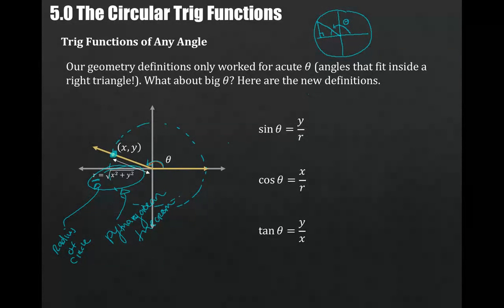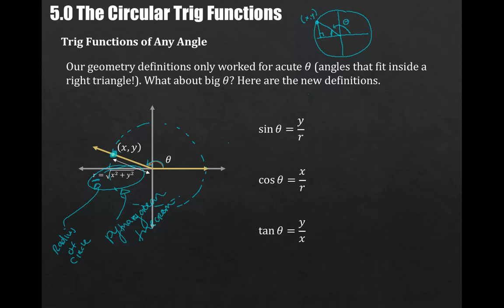I have a reference angle right here. And if I'm going to find the sine of this angle, its opposite, that's the height, that's this Y value. That's how far up I'm going. Think about it as a graph over the radius. So this is theta, but I'm going to use the terminal angle to support this. To figure out the cosine, I'm going to use the X value.